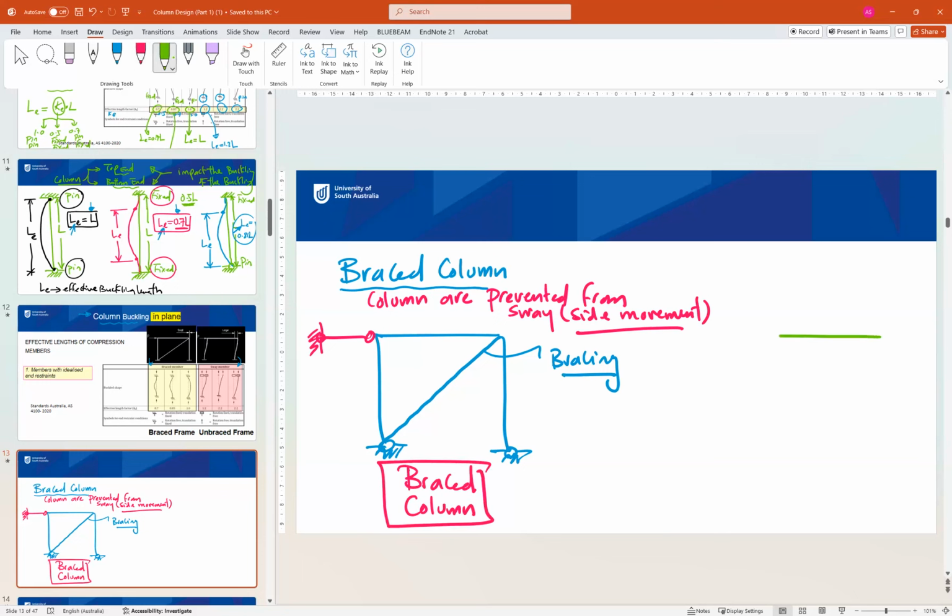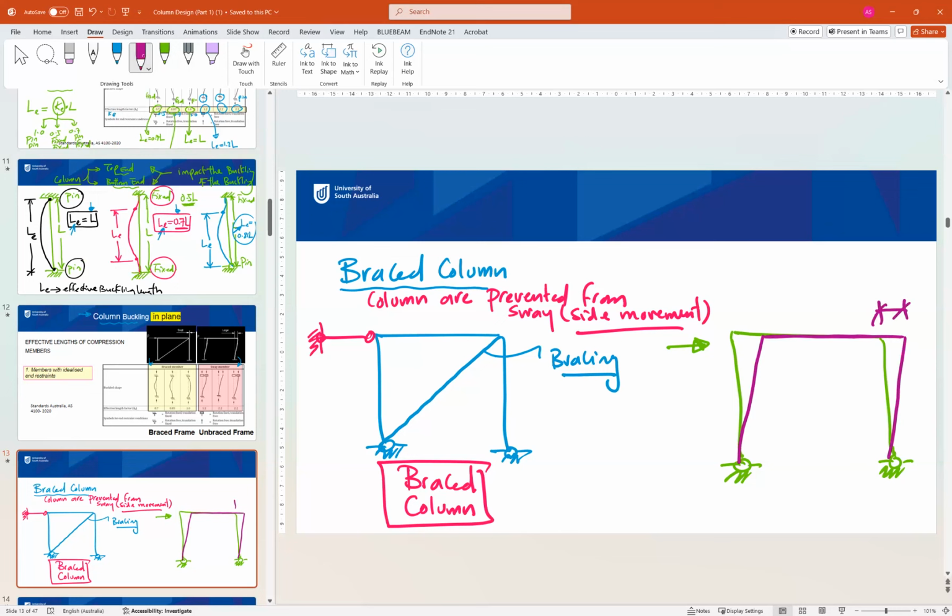The other option is a frame without any bracing in this direction, or we don't have any member that prevents the side movement. If we have any force applied here, what happens to this member? This member will slightly move horizontally. We call this movement delta or sway. That's why we call this frame or this column an unbraced column, or another way, a sway column.